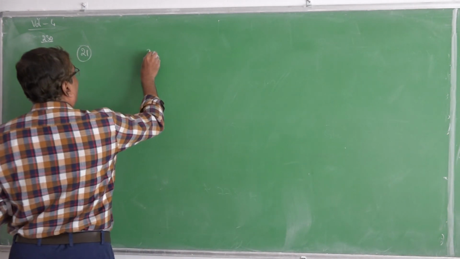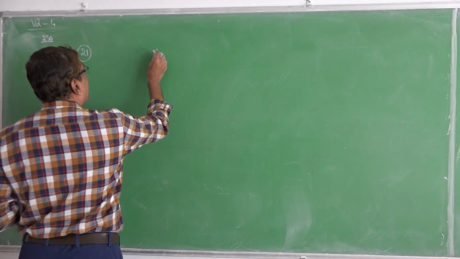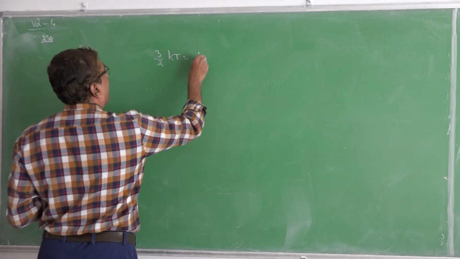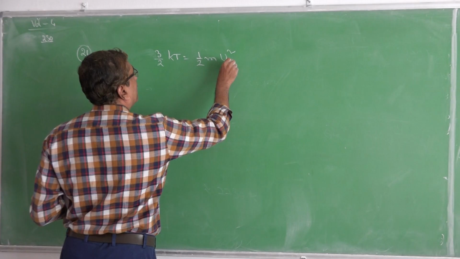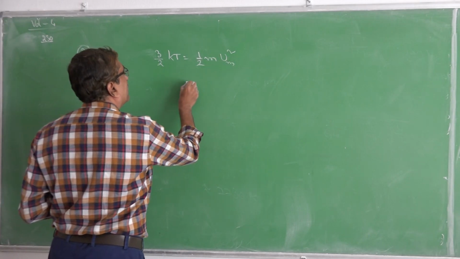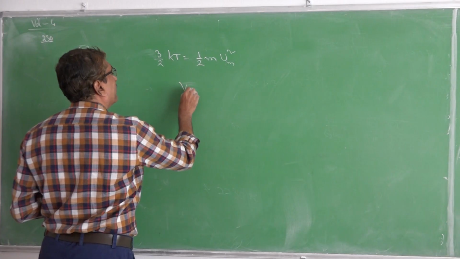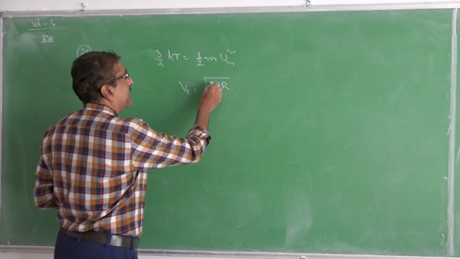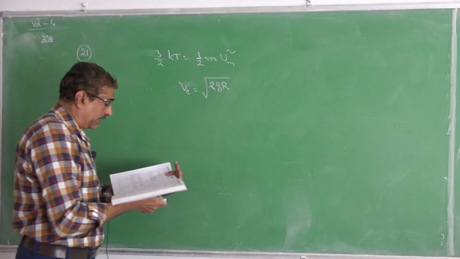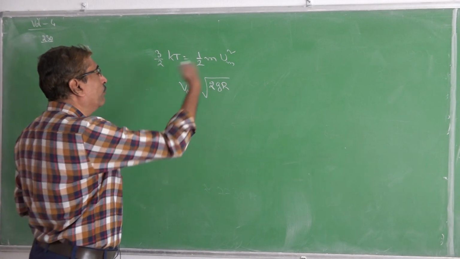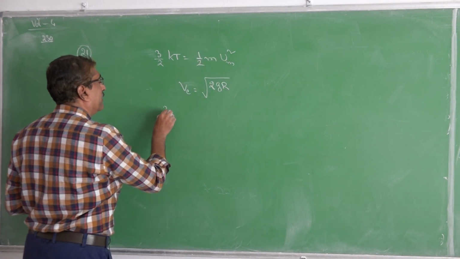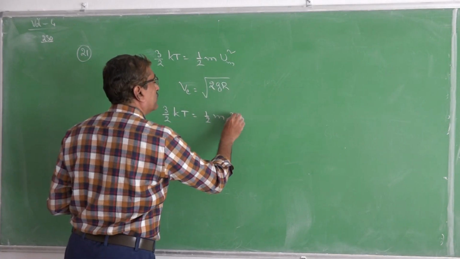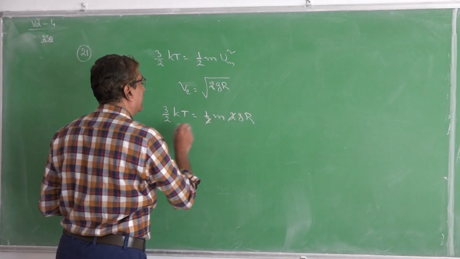So when it has to escape from the moon's gravitational field, then we have to write 3 by 2 kT is equal to half m escape velocity square of the moon. Okay, so we know the escape velocity relation as square root of 2 gr, where g is acceleration due to gravity and r is the radius of that particular planet. Here we have to calculate for the moon. So now substituting, 3 by 2 kT is equal to 1 by 2 m, square of root 2 gr. 2 will get cancelled.